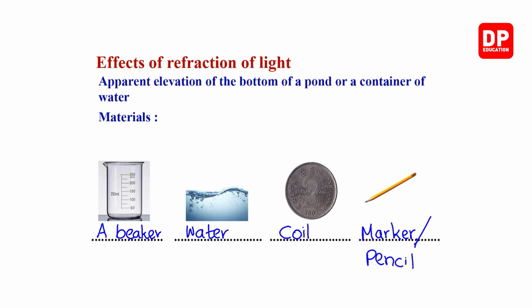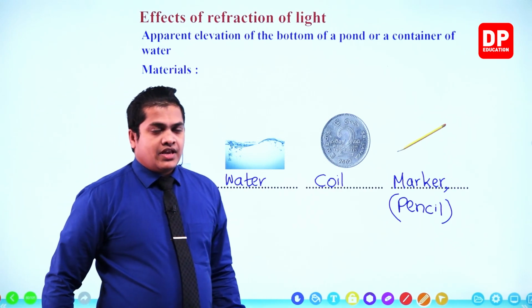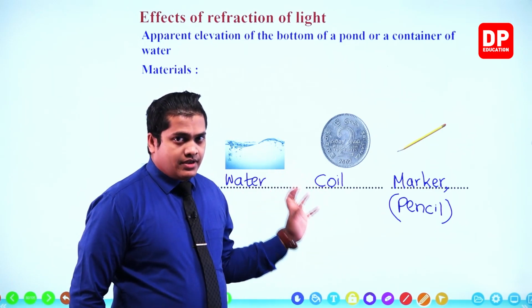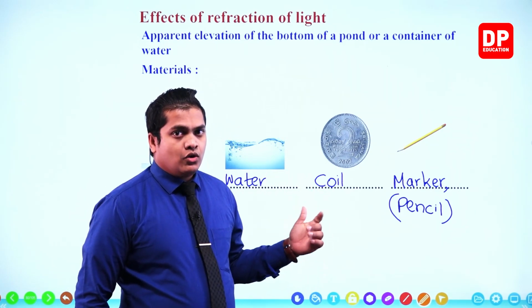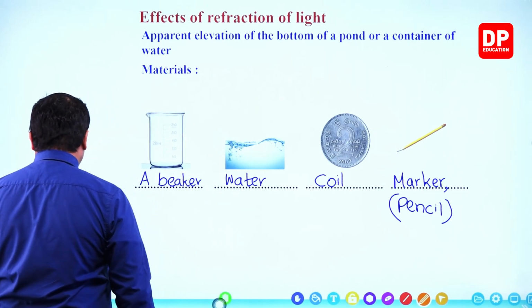So these are the materials that we need. In order to mark the apparent level and the real level, we'll need a marker or a pencil, my dear children. Right, so let's head on to see the method.